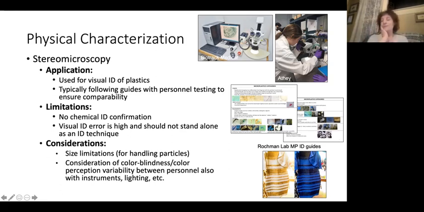I think this might have been as long as 5 or 6 years ago, but some people saw the dress as being gold and some people saw the dress as being blue. And the same thing can happen with your microplastic particles very easily. It's one person's red as another person's orange. So thinking about that variability is really important.